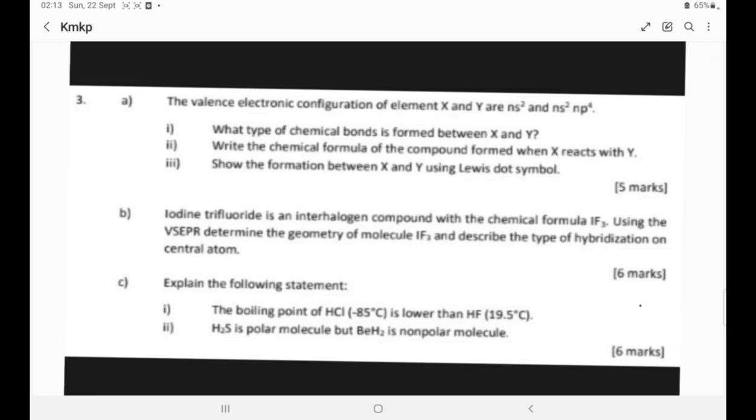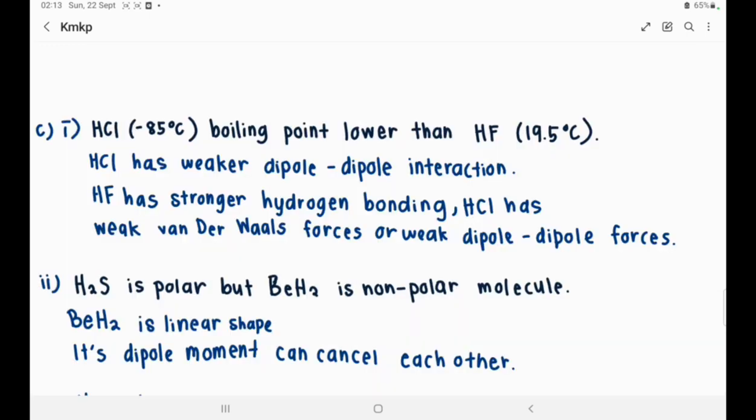Next, for question C, explain the following statement. As you can see, the sentence in black is the question, and in blue is the answer. So the question is, for 1 Roman, HCl boiling point is lower than HF.